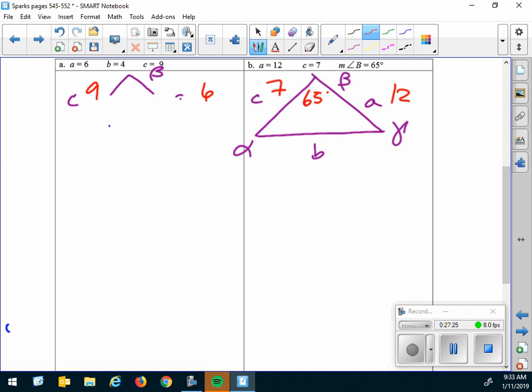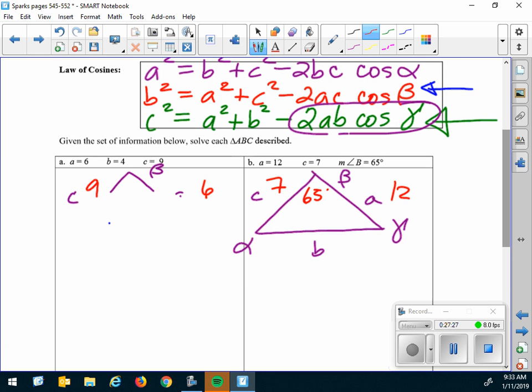There's only one of those options that I can use. The second one. Why the second one? Because you know sides C and A, and you know angle beta. I know angle beta, so I'm going to use the one that's got beta in it.